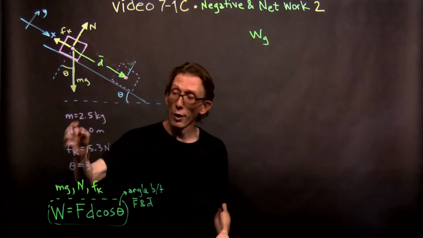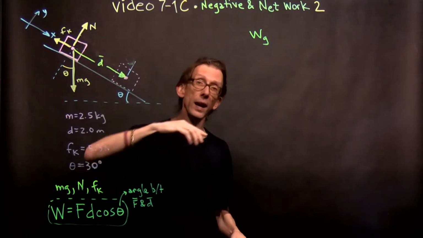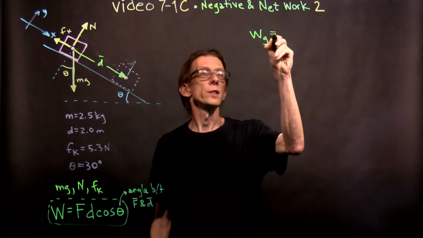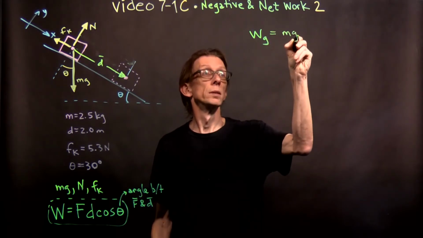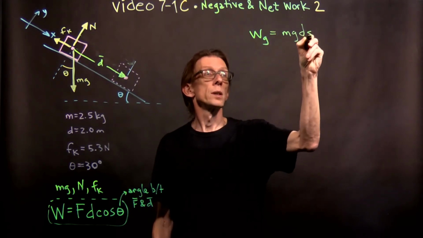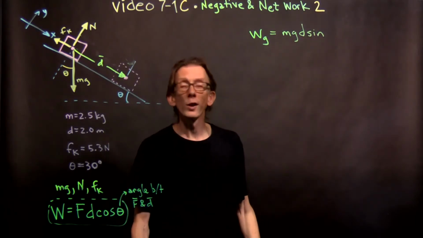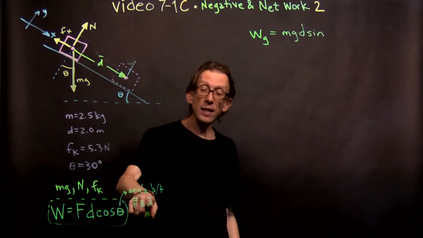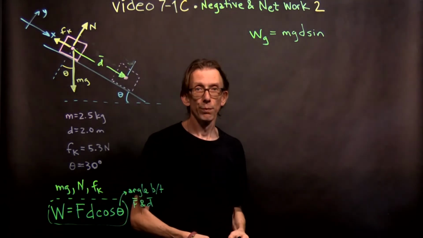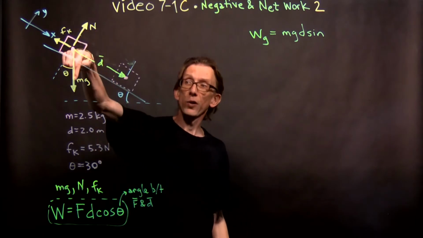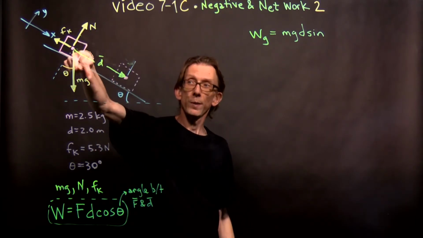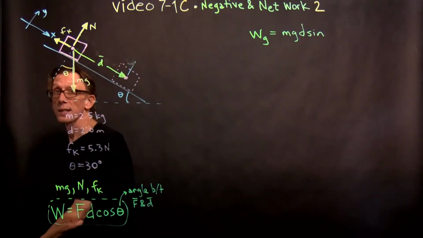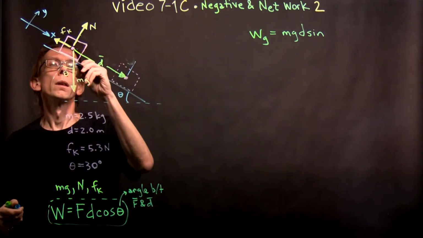Let's apply it to all 3 of our forces, mg, n, and F sub k, and then find the total work done. Work done by gravity is going to be the force of gravity, mg, times the displacement, times the cosine of what angle? What is the angle between the force of gravity and the displacement? Well, the force of gravity is straight down. Displacement's here. So what is this angle right there?